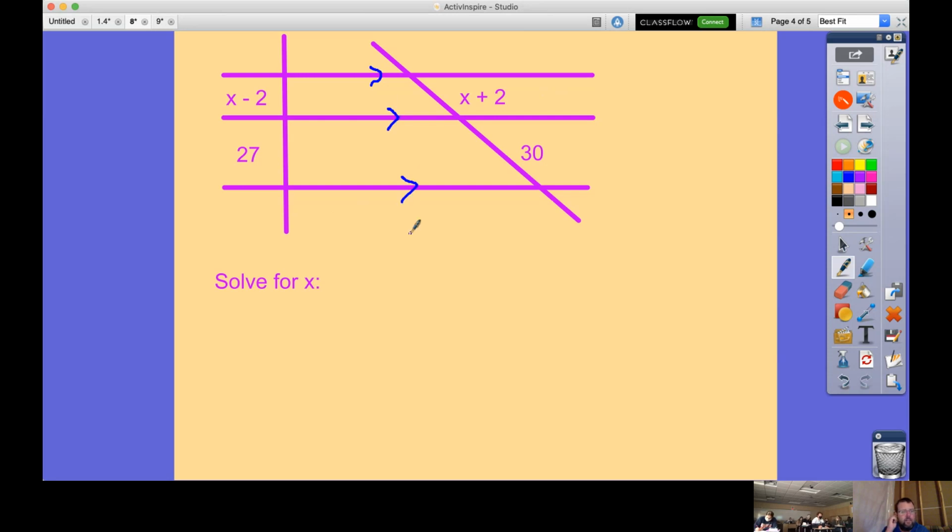Tell you that those are all parallel. Go ahead and solve this one, or at least get the proportions set up.